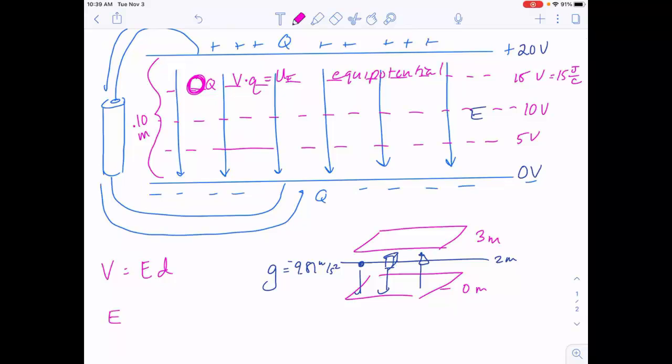So you could say that this electric field would be 20 volts over 0.10 meters, or 200 volts per meter, or 200 newtons per coulomb. And those two statements are equivalent. So we would be able to say how many volts we get per meter as we move through this electric field, and also how much force is exerted per coulomb of charge.